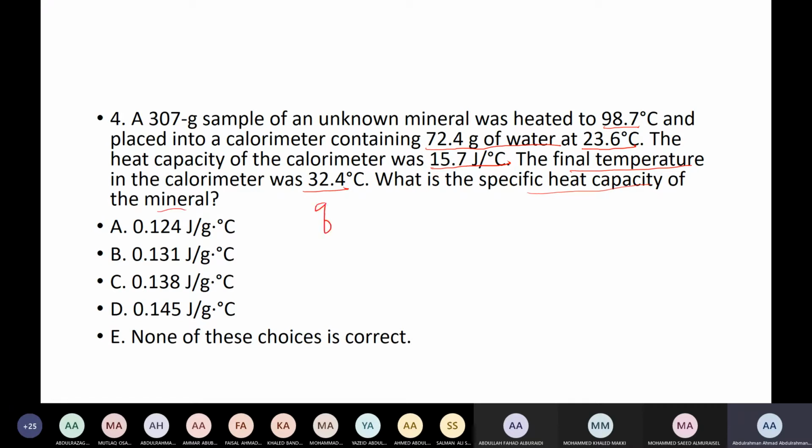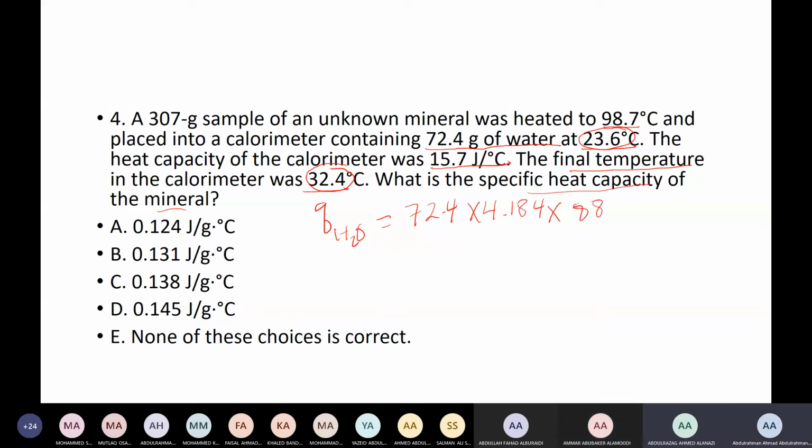First, what's Q of water? Mass of the water, which is 72.4, times the specific heat, 4 point, times delta T. What's delta T? 32.4 minus 23.6, which is 8.8.